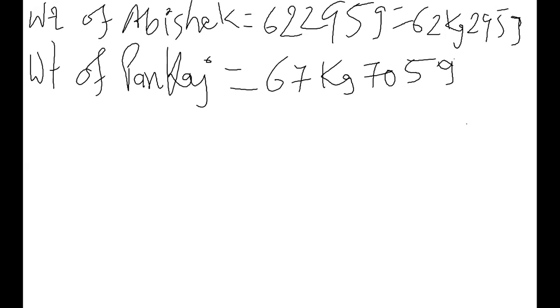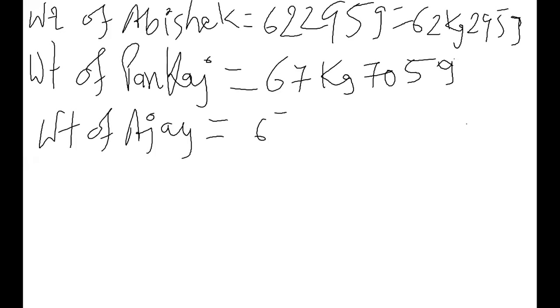Now the next question is, Ajay weighed 5 kg 34 gram more than Pankaj. So weight of Ajay is equal to 67 kg 705 gram plus 5 kg 34 grams.